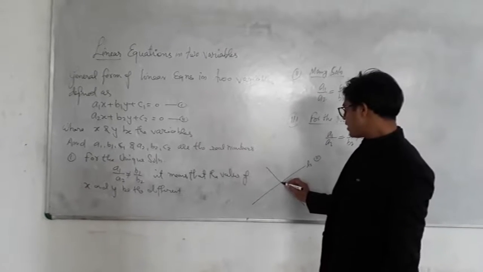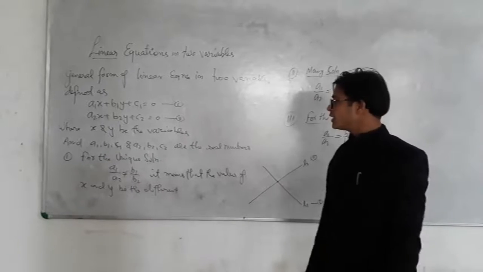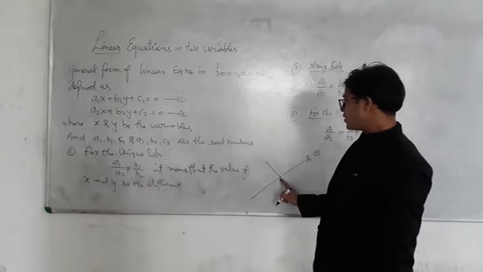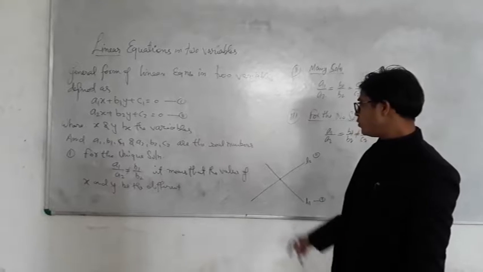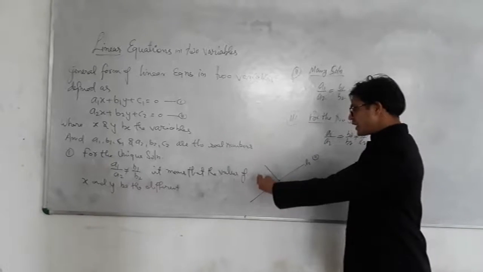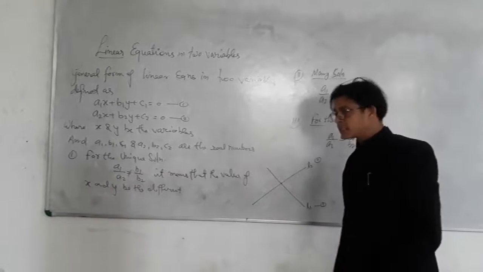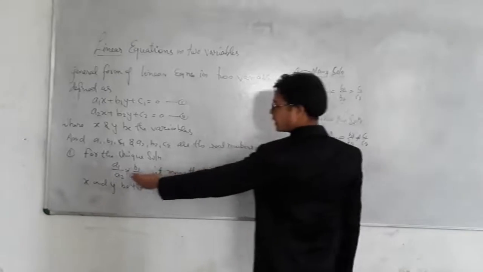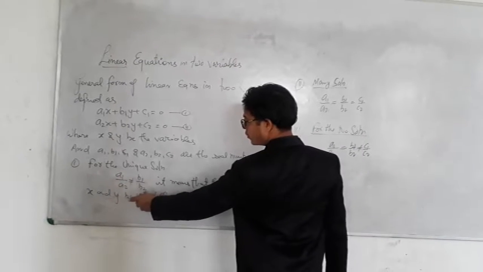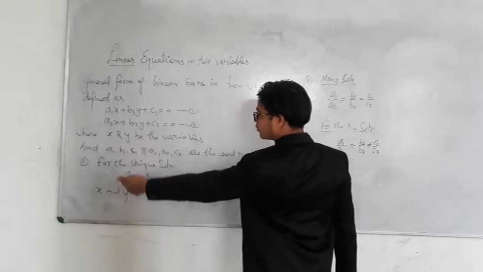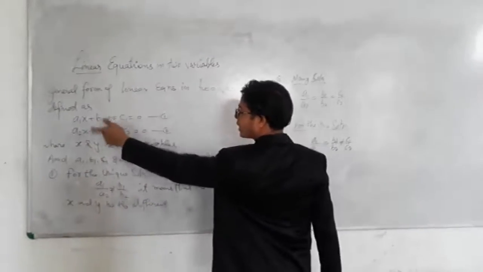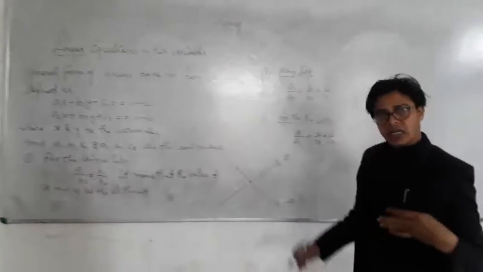They intersect at a unique point, only one point. This is the condition for the unique solution: a1 upon a2 is not equal to b1 upon b2.